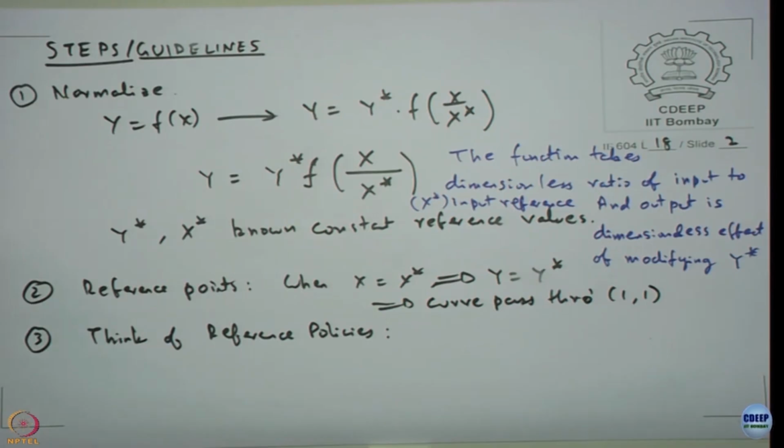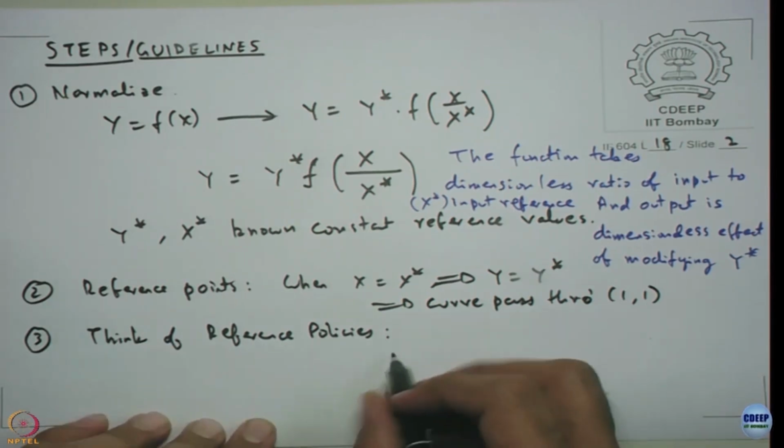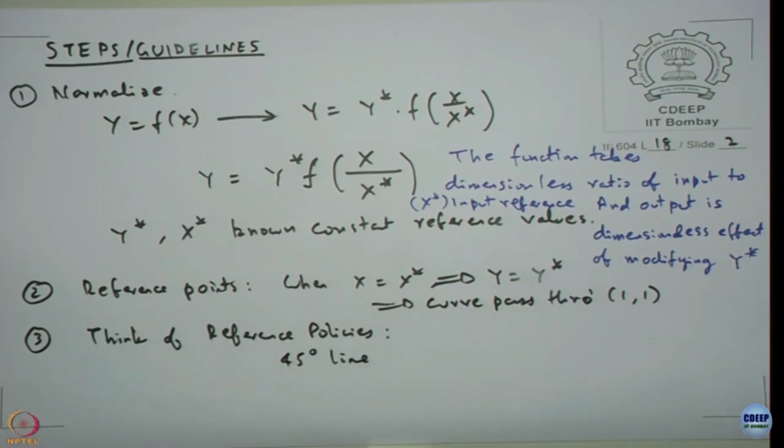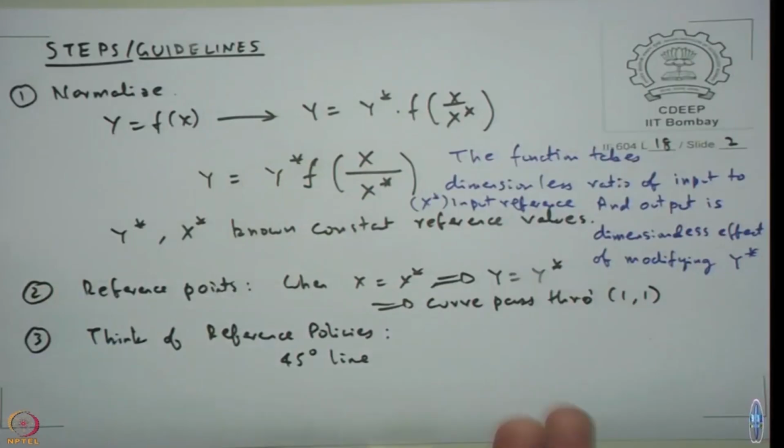When I think of a reference policy, I can ask whether there is a meaning for, say, a 45-degree line: for a 1% change in your x value, from the reference, does y also change by the same 1%? If so, then it is a 45-degree line. If it changes higher, I have a line with higher slope, and if it changes lower, a line with lower slope. This is just an example. It could be a 45-degree line, or a 45-degree line may not make any sense.